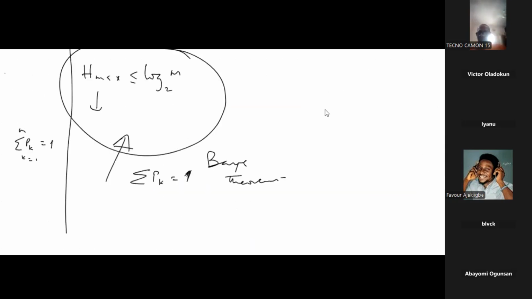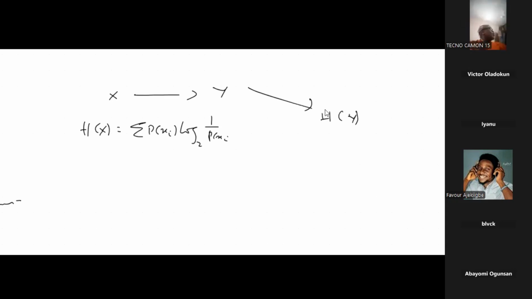So we've mentioned a few things. Let's assume we have our source symbol and then we have our output symbol. Then we can estimate H(X) to be the same as sigma p(xi) log 1 over p(xi) base 2. And this could be the same as sigma p(yj) log to base 2 1 over p(yj).